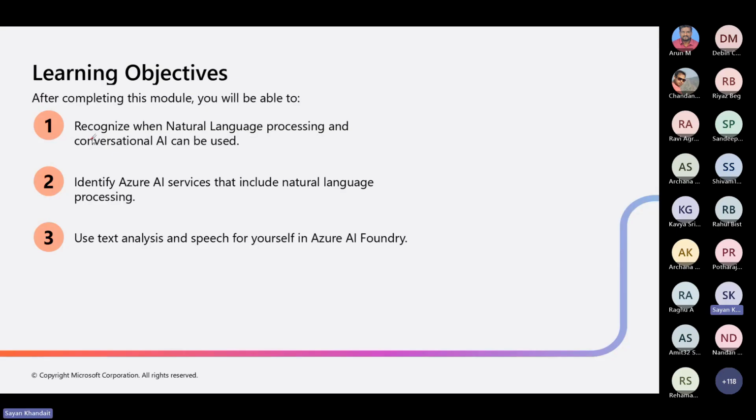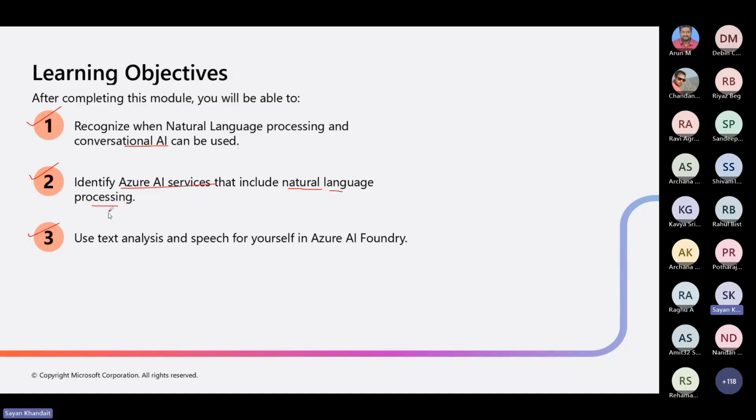So these are the learning objectives for today's module. The first one is recognizing when natural language processing and conversational AI can be used. The second learning objective is to be able to identify the services that are available on Azure that can help you with natural language processing based tasks.